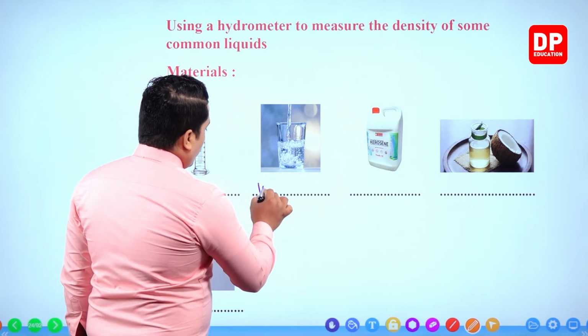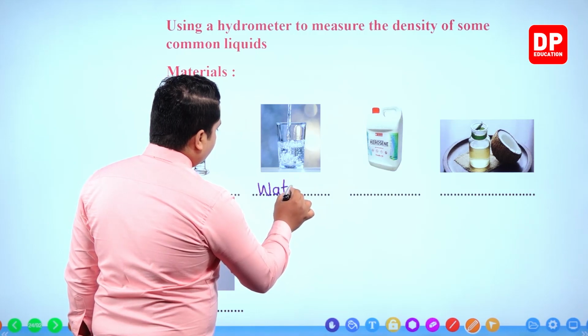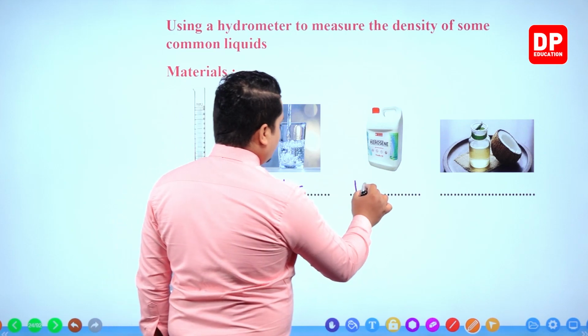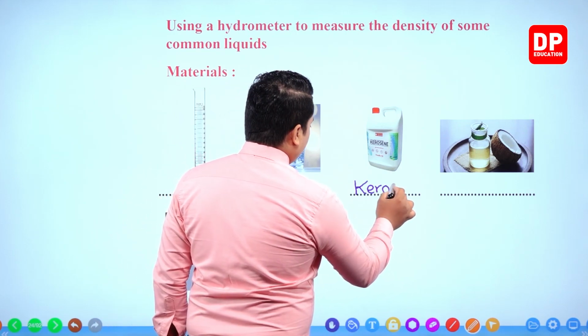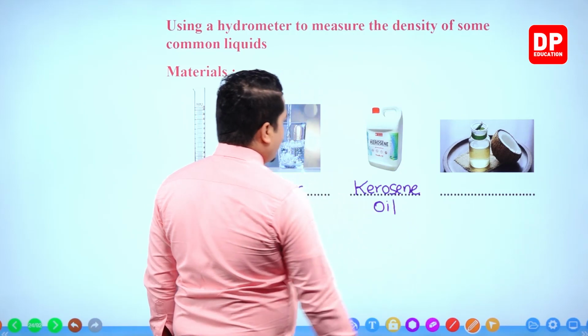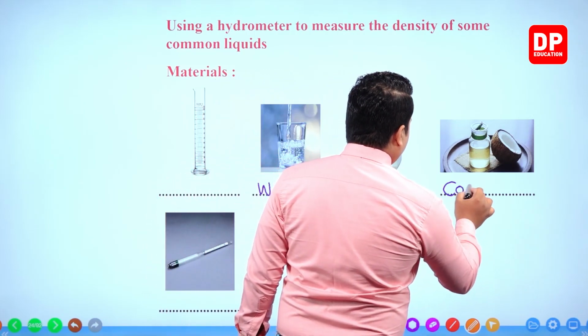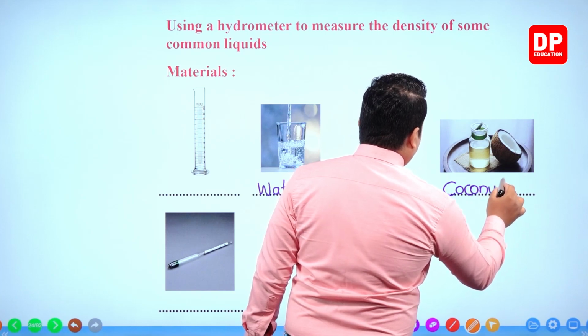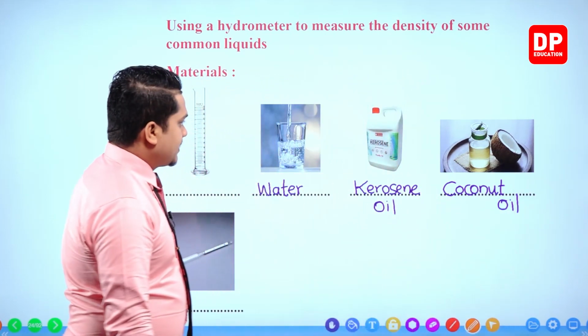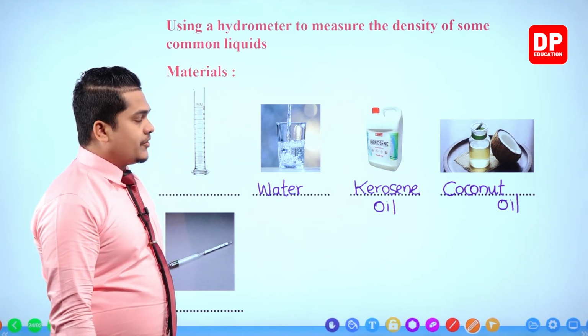We'll be taking water, then kerosene oil, coconut oil. So these are the three liquids that we are going to use.